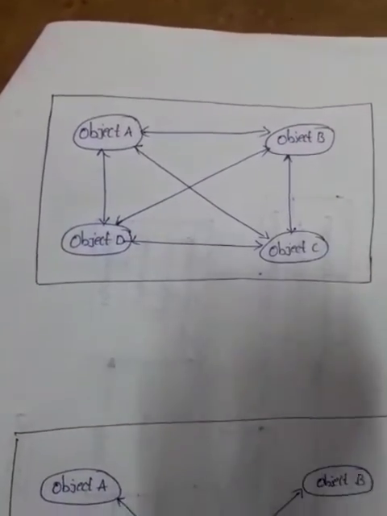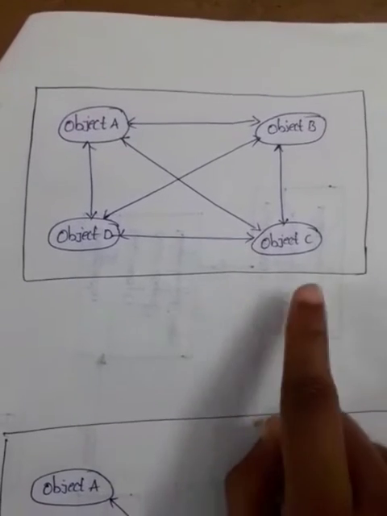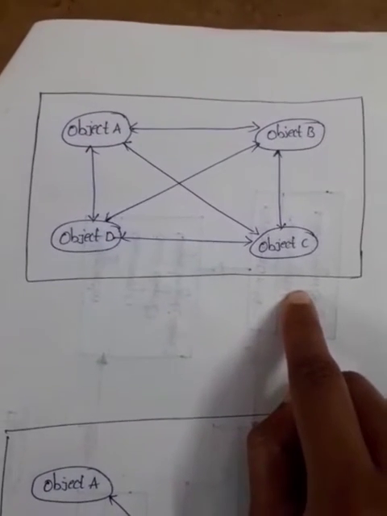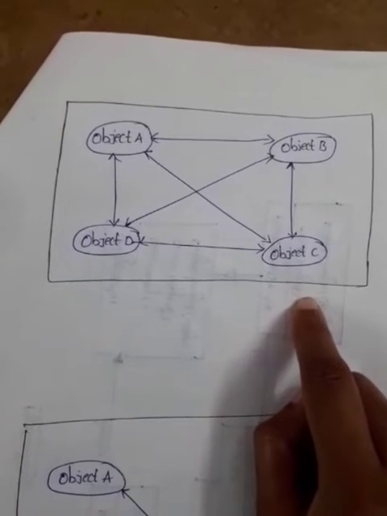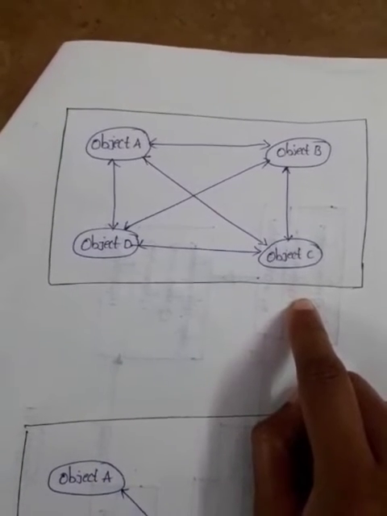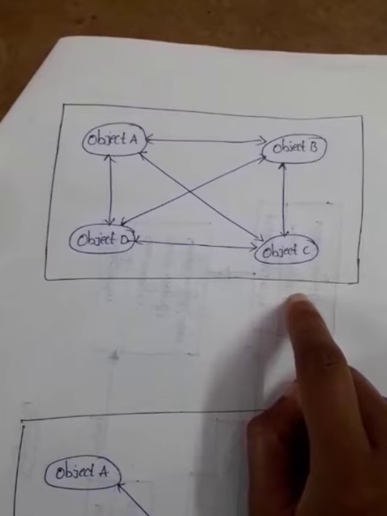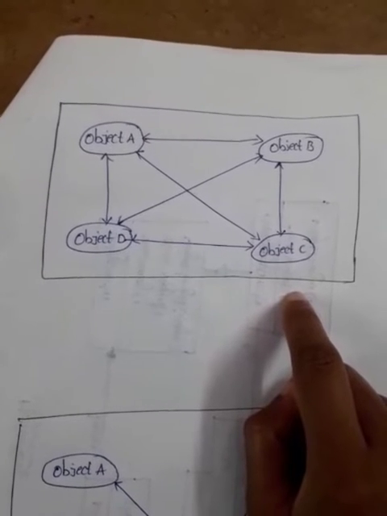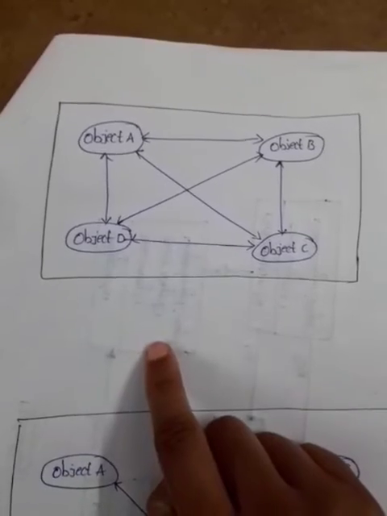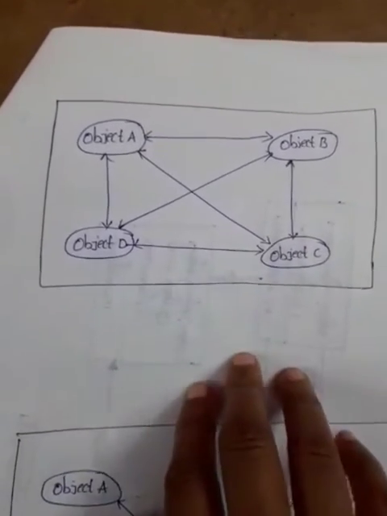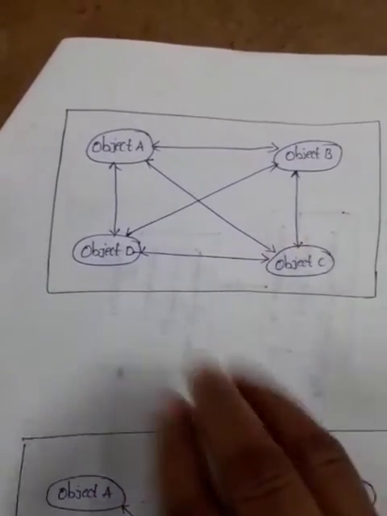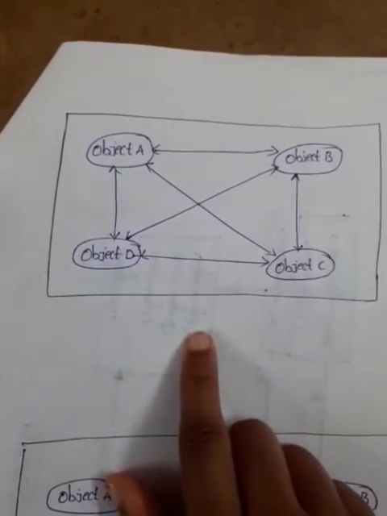In the same way, if object C wants to send a message to object D, then object C should know the reference of object D. Using that reference, object C can call the object D method and send messages to it. In this way, the messages are sent and communicated between these objects.